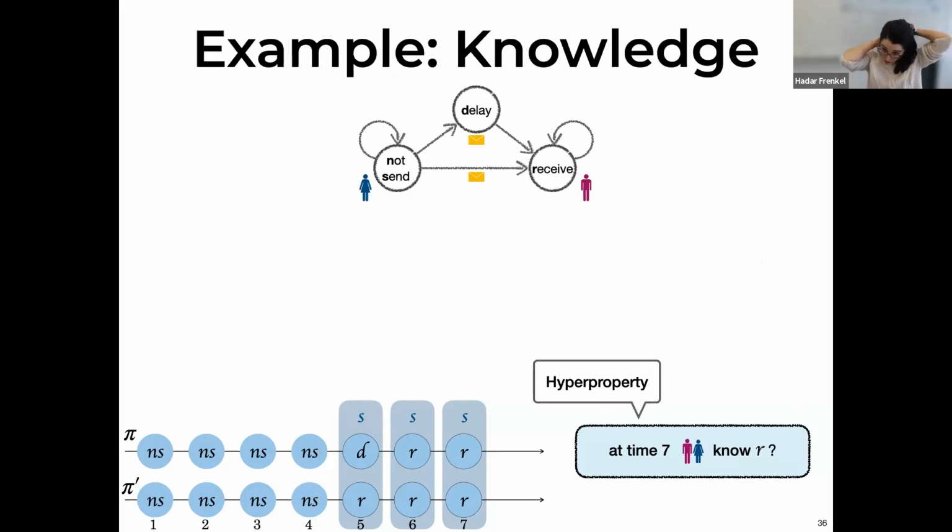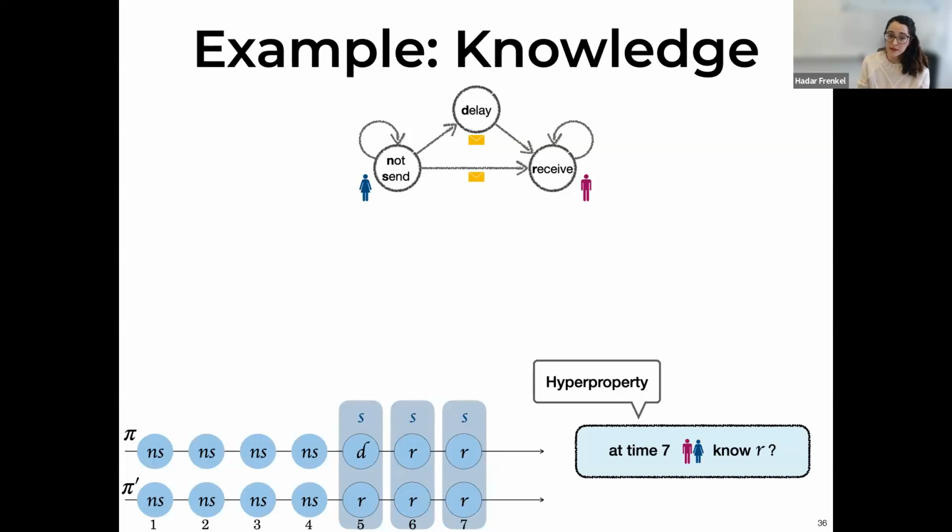Before we proceed to common knowledge, let's look at both agents. If I want to know whether at time 0.7 both agents know something, then what do I have to do? I do whatever I did for the blue agent, but now also for the red agent. So I look at my original trace pi, and I need to consider traces that he cannot distinguish from pi.